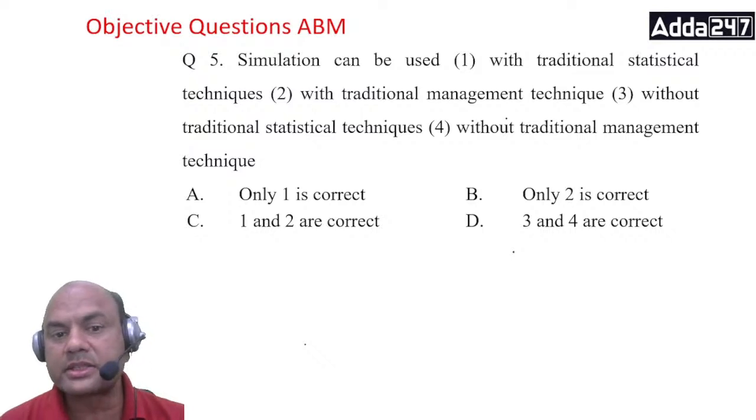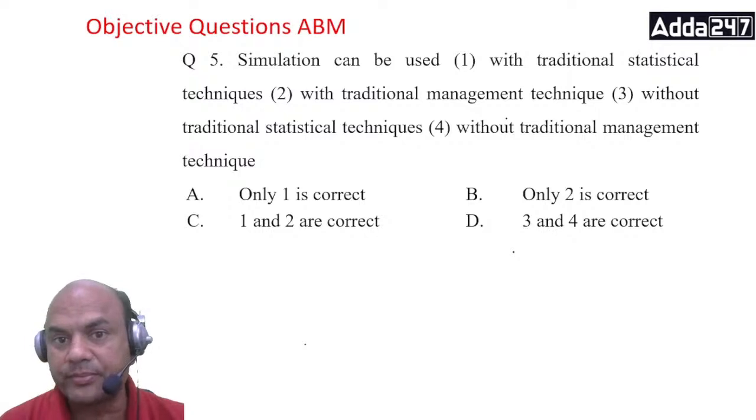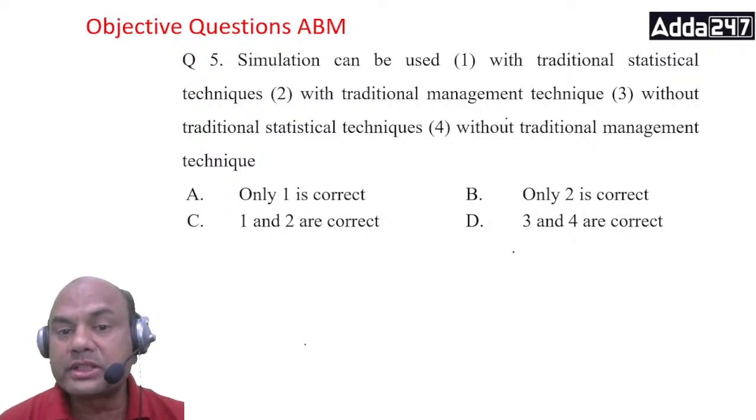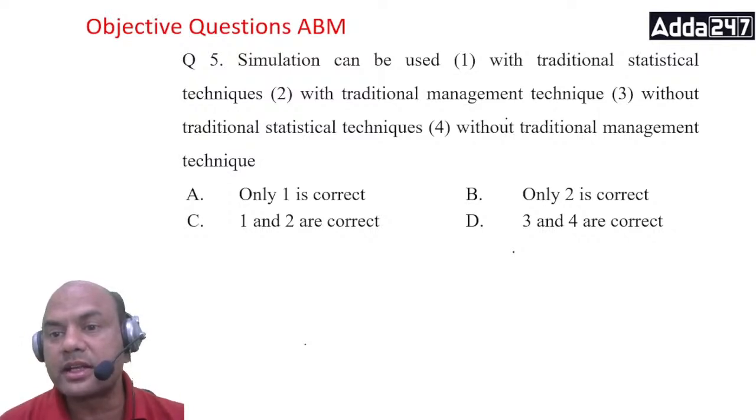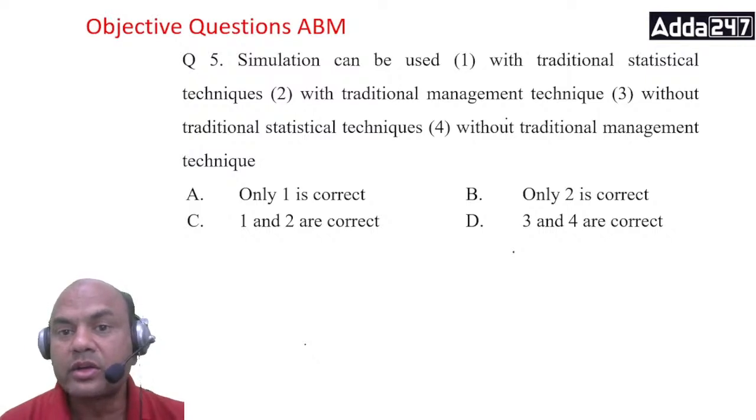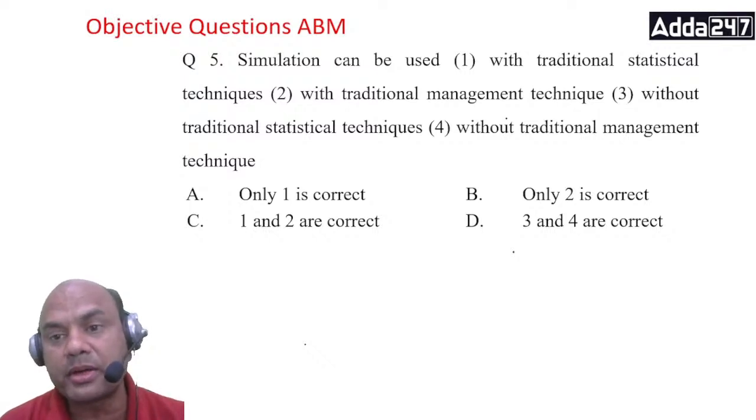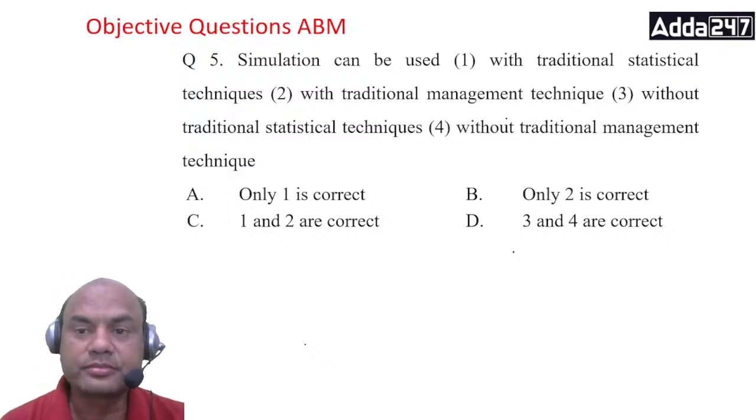Can be used with traditional statistical techniques means what? Are the statistical techniques in my regular working required to be supplemented by simulation? Or is simulation required to be supplemented by my traditional techniques?